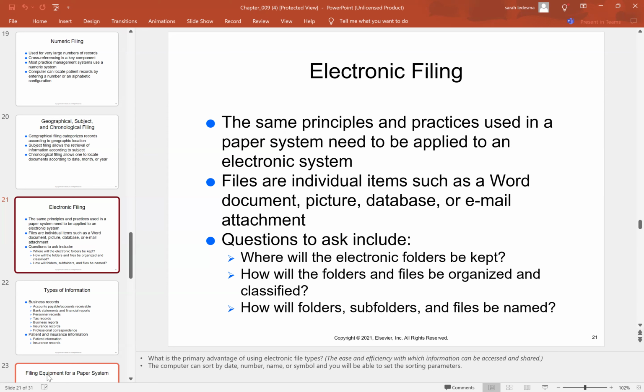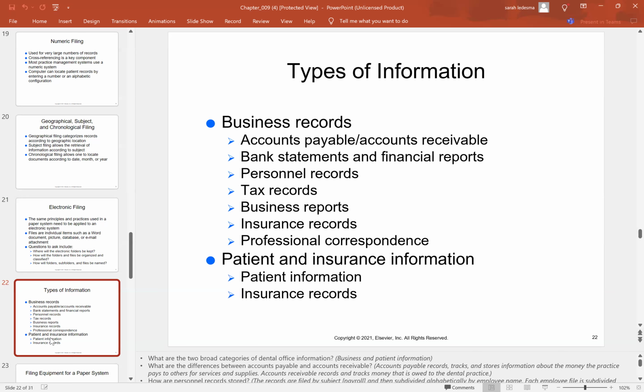How will folders, subfolders, and files be named? Types of information: business records, accounts payable, bank statements, personal records, tax records, business reports, insurance records, and professional correspondence. Patient and insurance information, including patient information and insurance records.